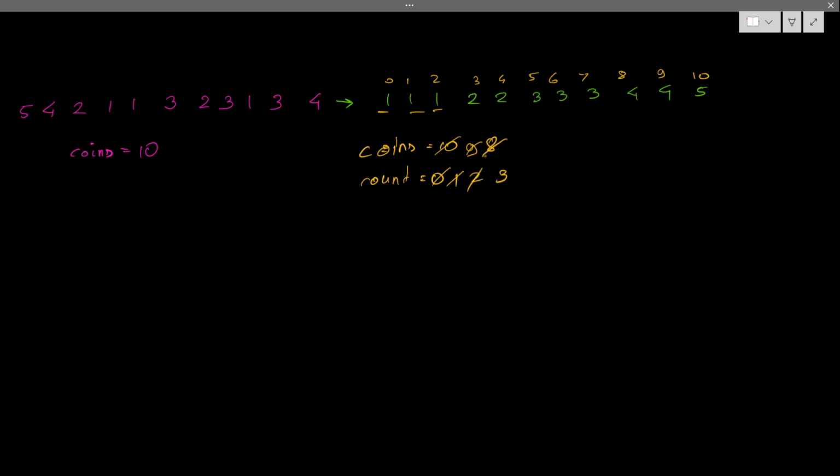Then buy another one, count 2, then I can buy this 4, then another 5, it becomes 3, then I can buy the last one, candy, like ice cream, sorry. So it becomes 0. So I count 6, I can buy.